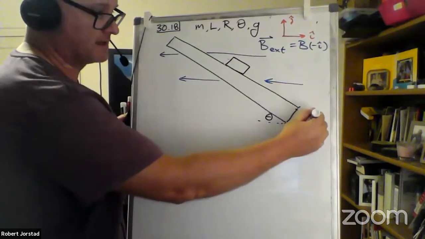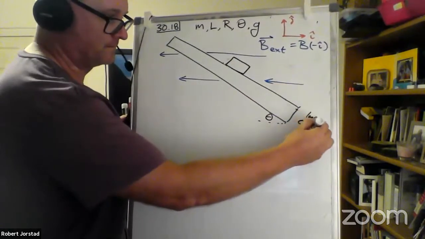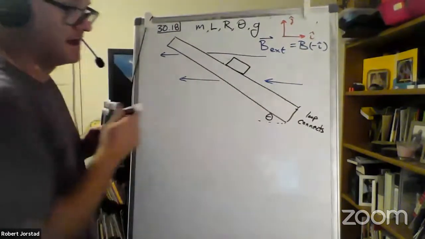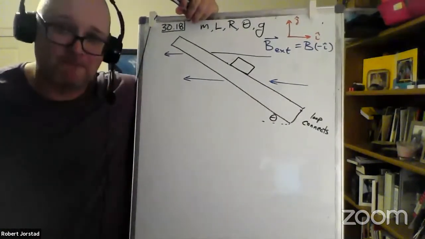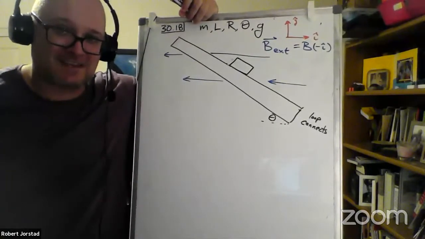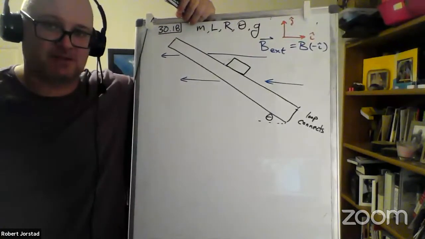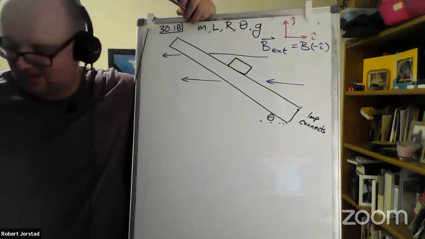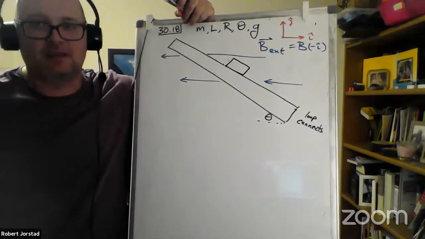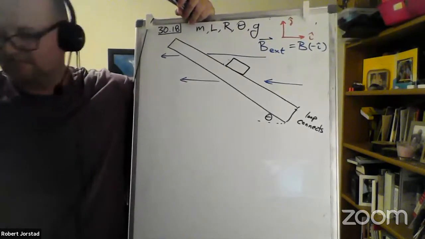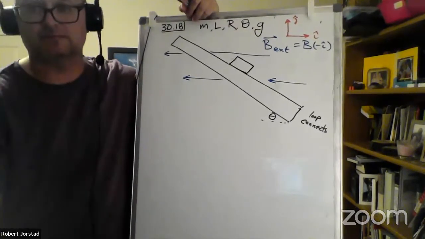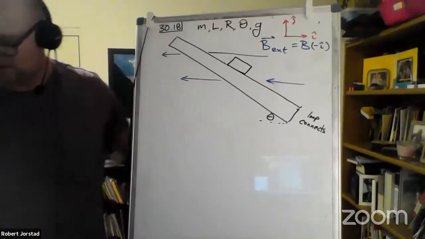So the loop connects down here. As this thing falls, what direction should current flow? Take a second, discuss with your imaginary neighbor, and think about it. I'll give you a second.